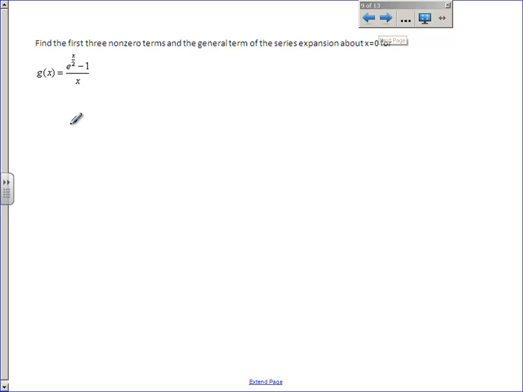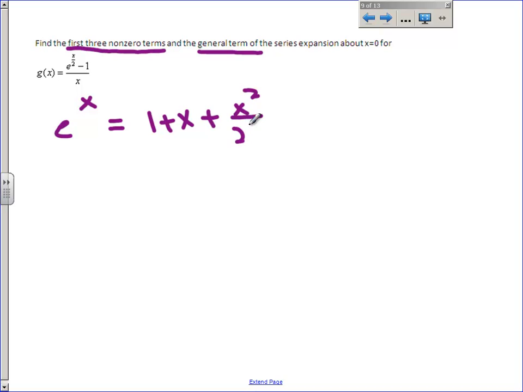What about this function, the first three non-zero terms and the general term for this function g? And it's based on e. So let's write out what e to the x is. E to the x is 1 plus x plus x squared over 2 factorial plus x cubed over 3 factorial plus dot dot dot x to the n over n factorial.